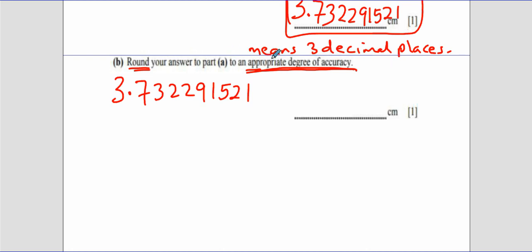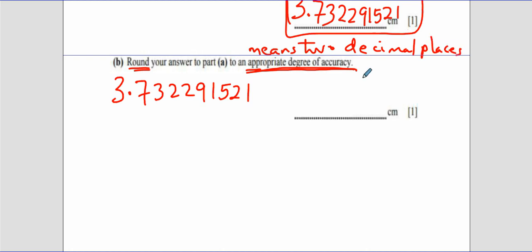Or you can even make 2 decimal places. Either way, but 2 decimal places may sound great.